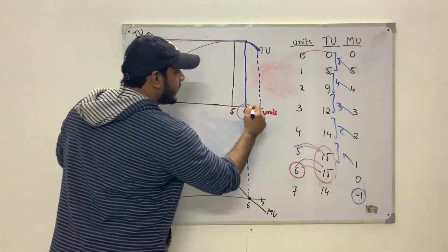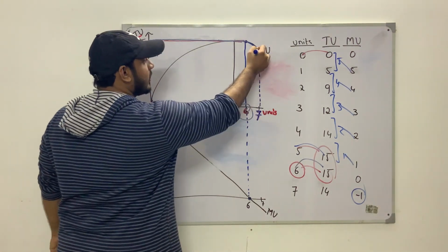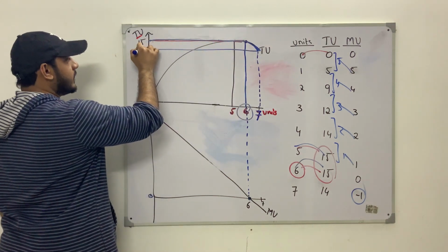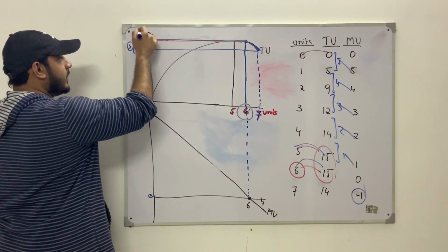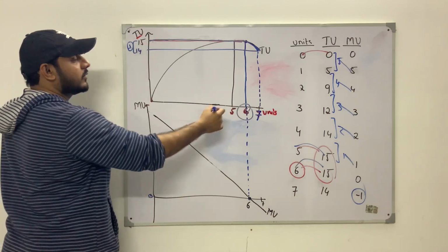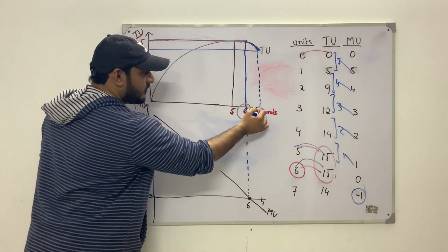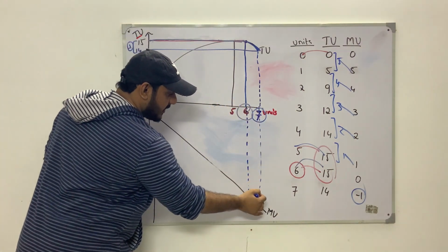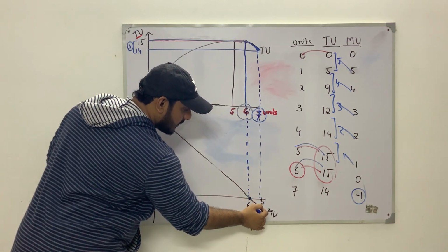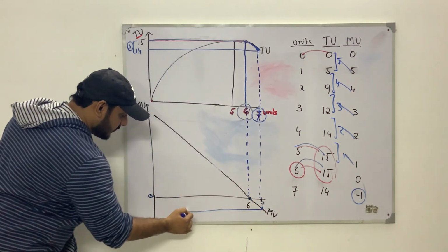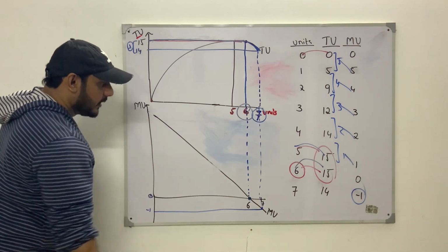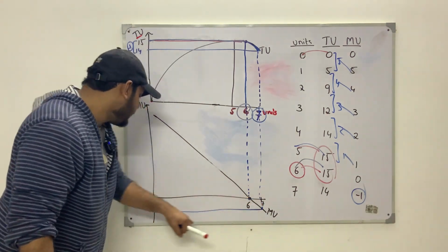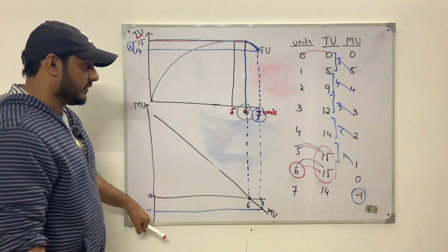The seventh unit gives us a total utility of 14. So the total utility has declined from 15 to 14 on the consumption of the seventh unit, which means that the seventh unit gives us a negative marginal utility of -1.